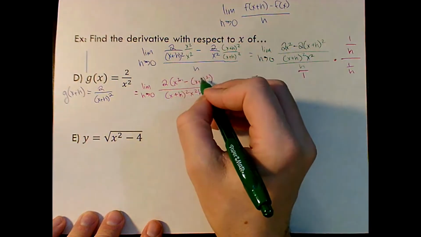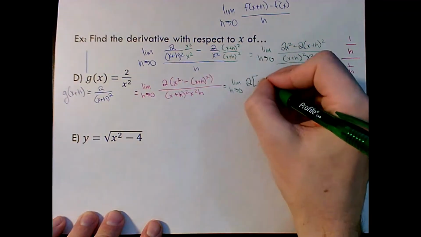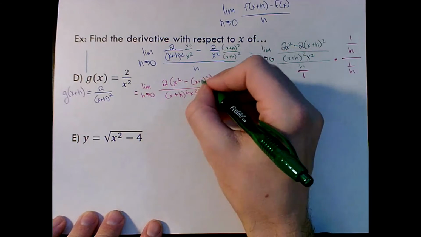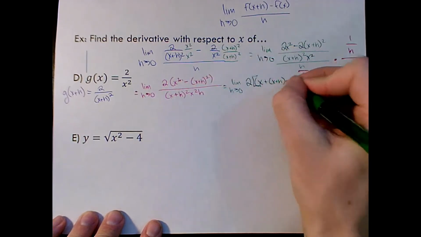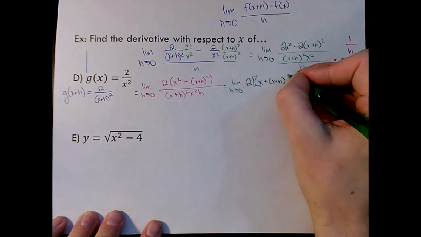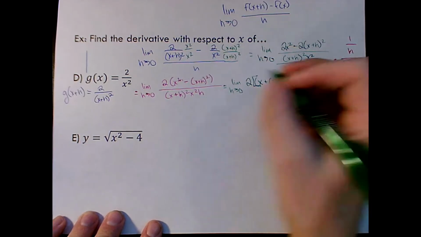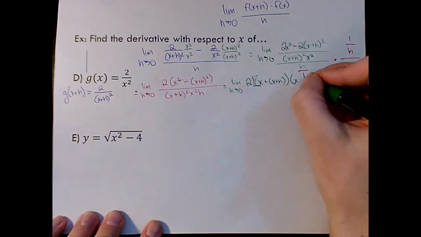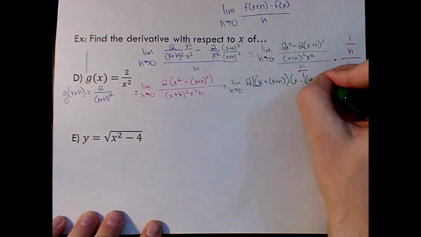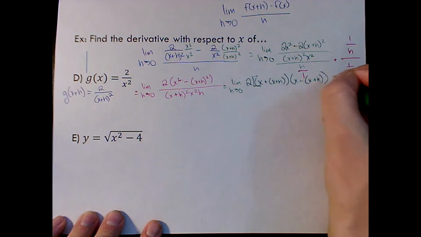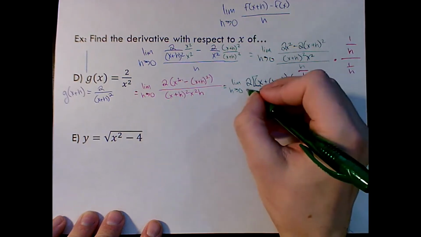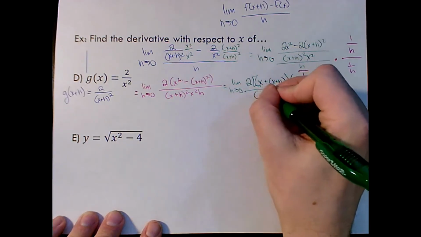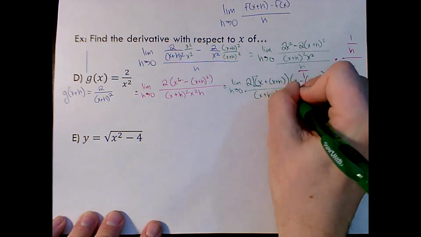A square minus a square means I have the square root of it, in parentheses, plus the square root of that, times the square root of that minus the square root of that. And that's going to be all over x plus h squared h.